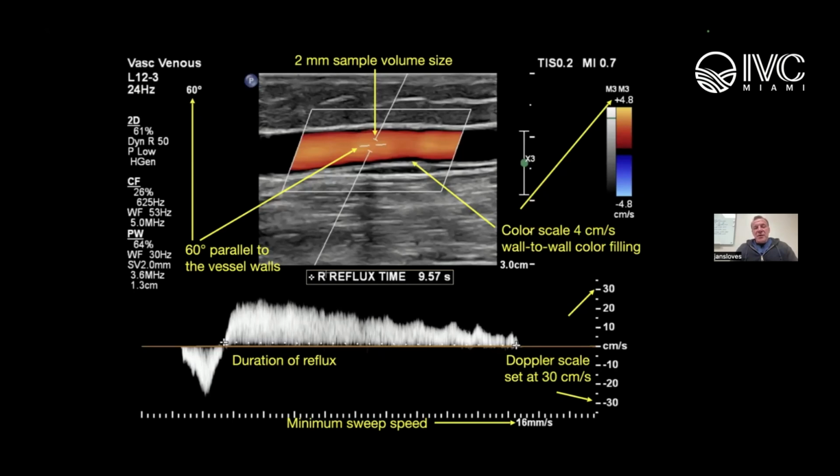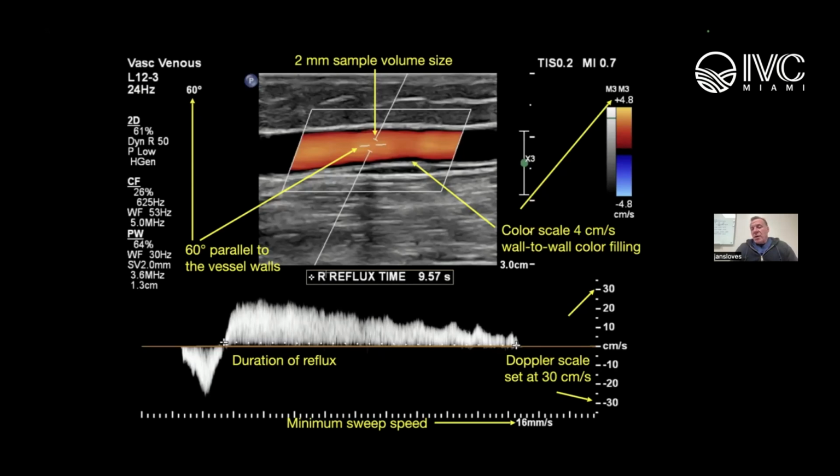So basically every single manufacturer, when you activate your grayscale, color flow, and pulse Doppler, all of this is always engraved on your image. So when the operator is doing these scans, you need to be aware of all your settings all the time.